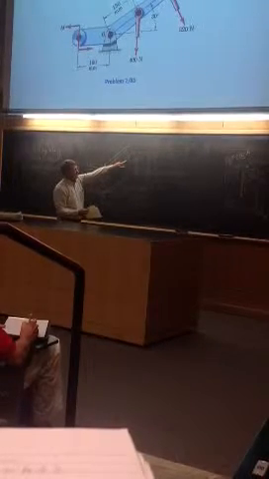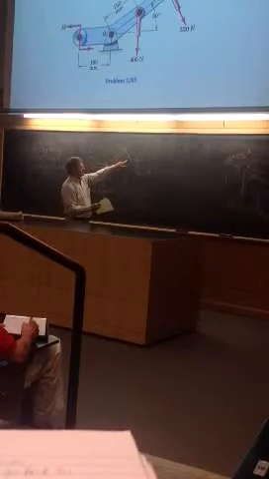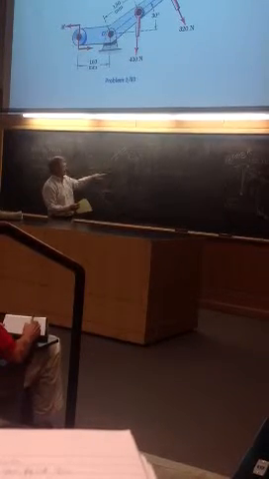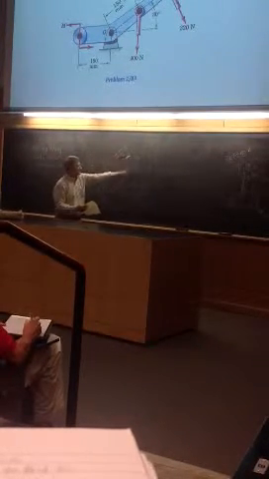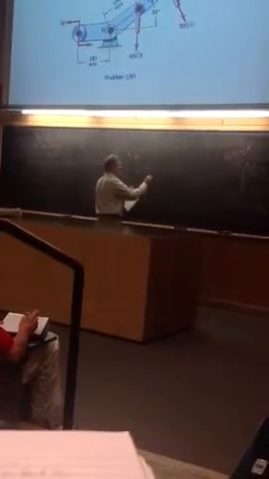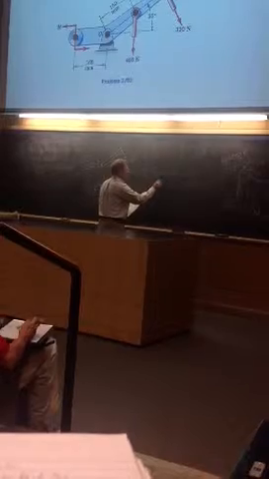Plus the moment of the 320 Newton force. The 400 is giving a clockwise rotation. I'm calling that negative. The 320 is going to give a clockwise rotation, also negative. So this is negative 320.